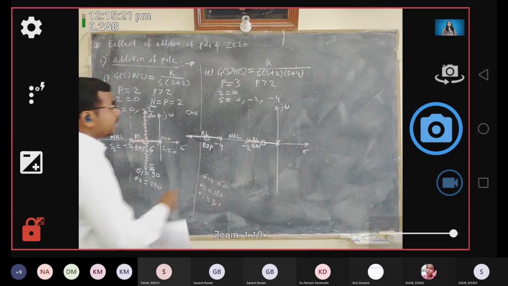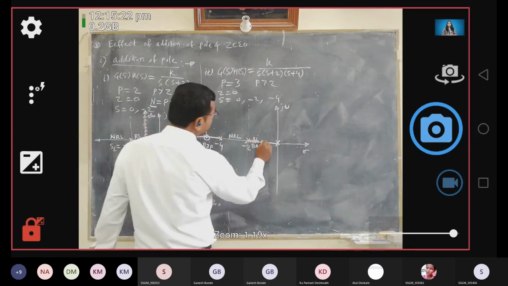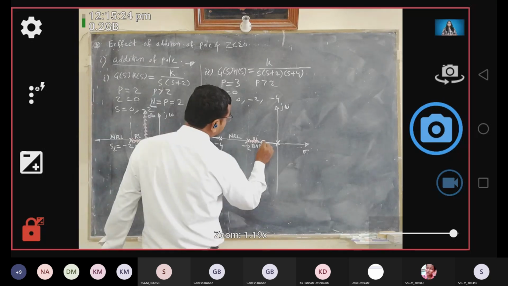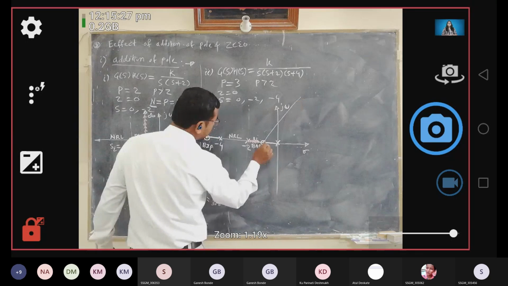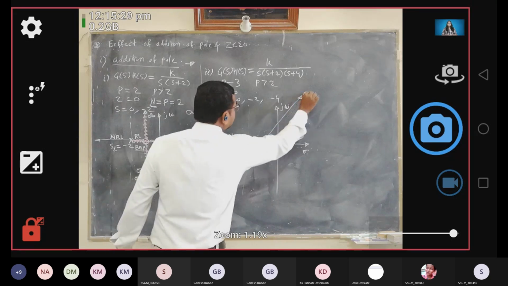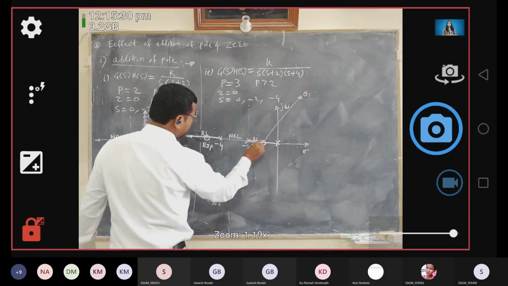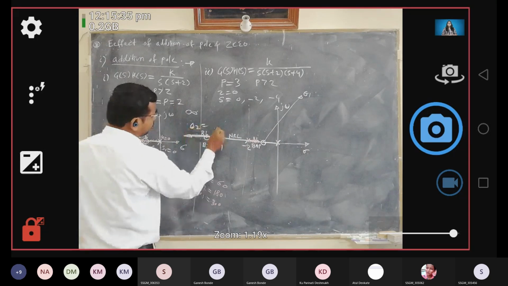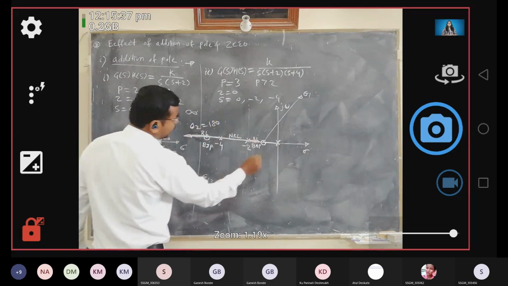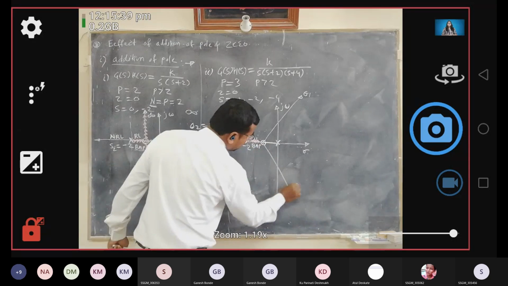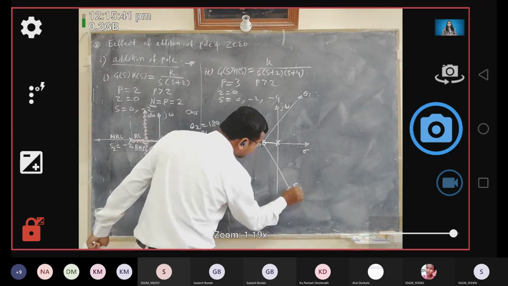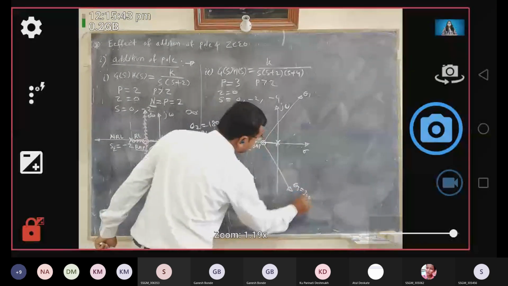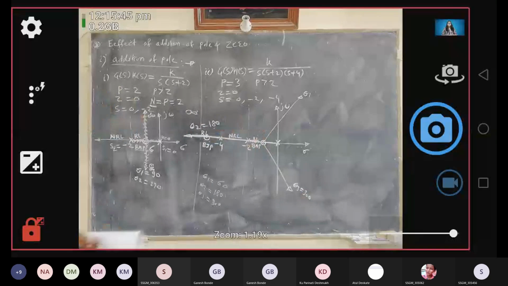So somewhere here you will get the centroid. This will be your theta 1, 60 degrees, one along the negative axis, theta 2, 180 degrees, and this will be theta 3, that is 300 degrees, like this.